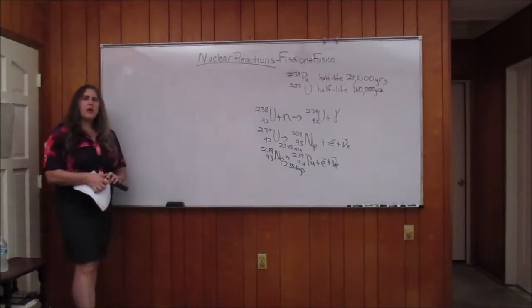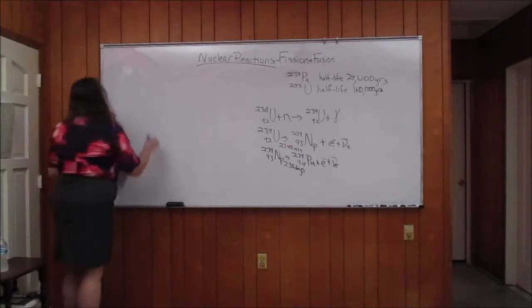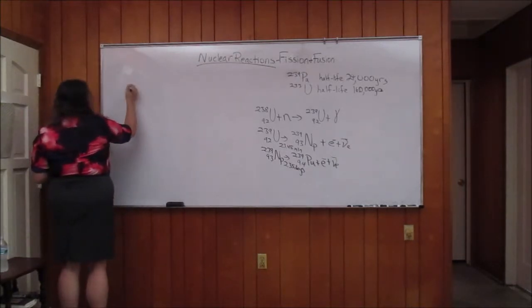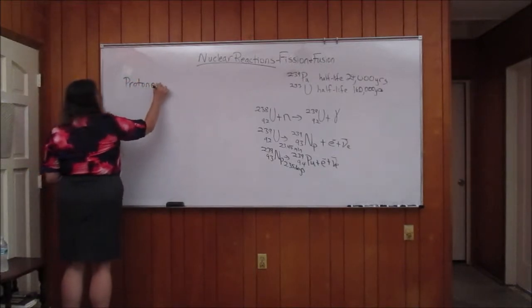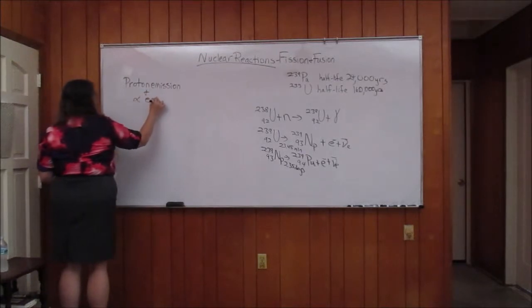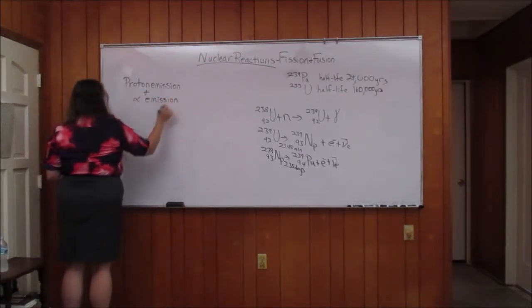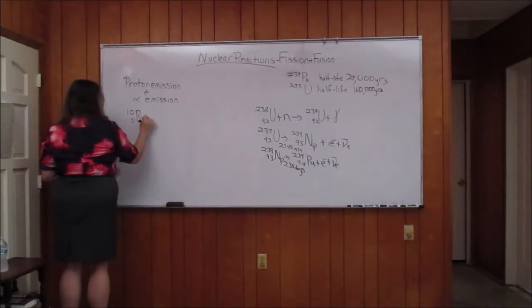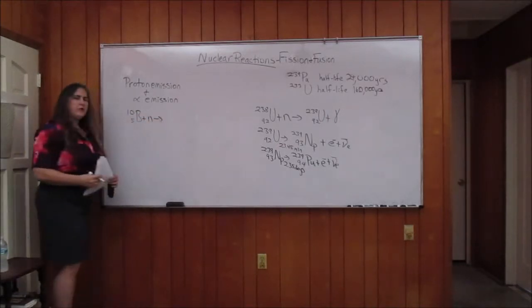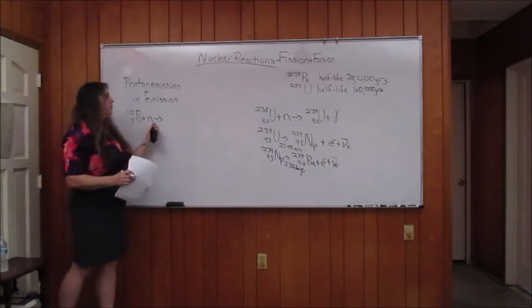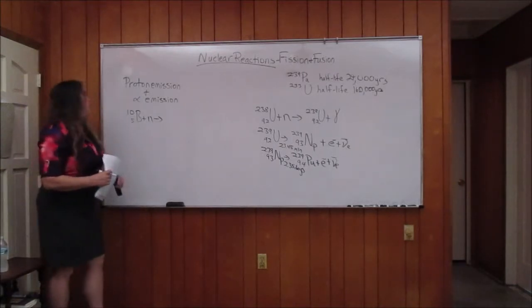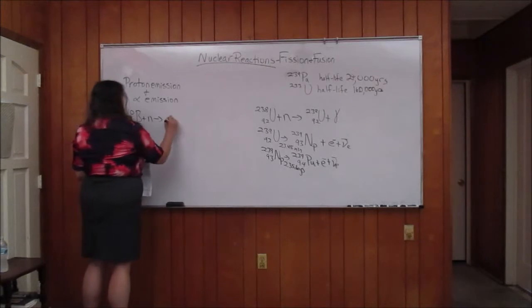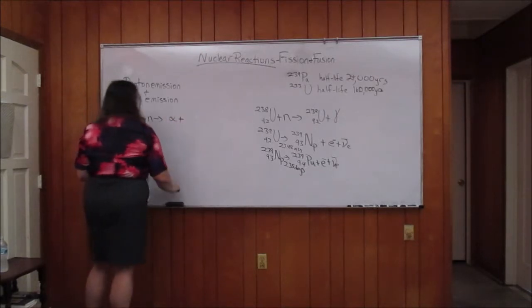And a couple of other processes that slow neutrons can undergo, or reactions I should say, are proton emission and alpha emission. In the first case, if say boron-10 undergoes reaction with a slow neutron, well, an alpha particle is going to be emitted.